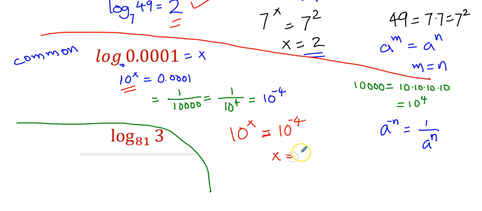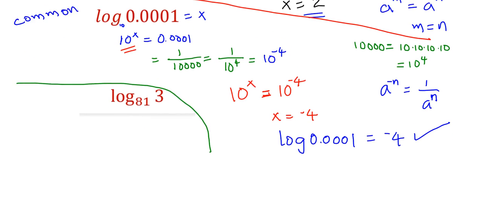Equate the exponents, that is x equals negative 4. This x is the value of this logarithmic expression. So I will write log of 0.0001 is equal to negative 4. That's my answer, right? Okay.